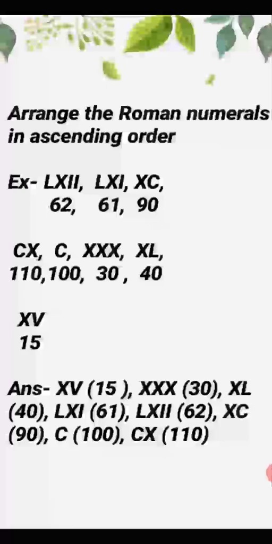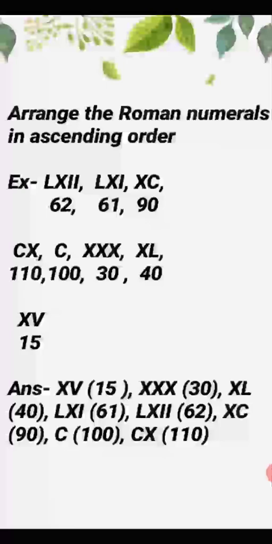The easiest way to find this is that you have to find out the number of the Roman numerals, like see, it is written here. So now write from the smallest number, because ascending order means from smaller to greater, which is from the smallest number, XV, 15.